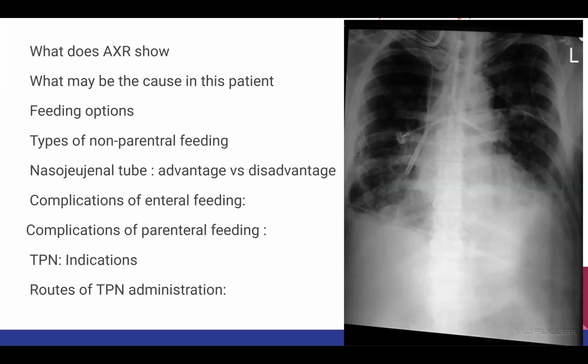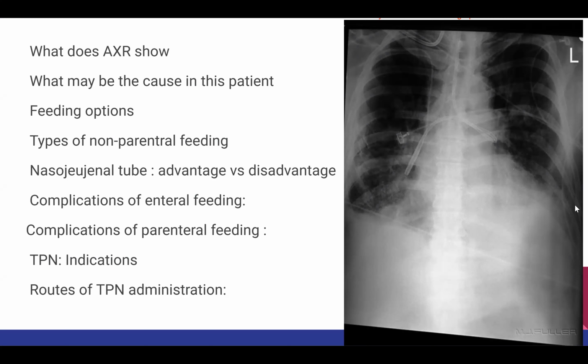Okay, so can you describe what the X-ray is showing? In the X-ray, first we have to look for the air, then bone, then the shadows, cardiac shadows, then diaphragm, and to look for any effusion.